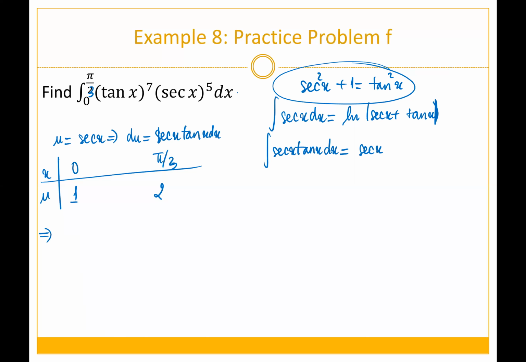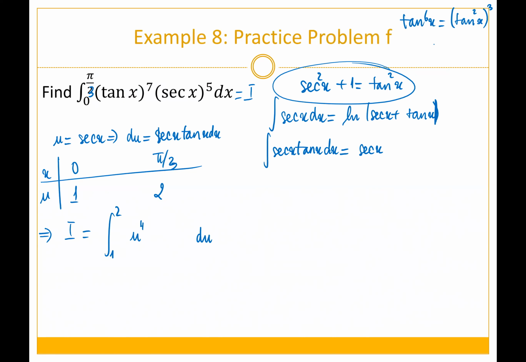So the integral I is now the integral from 1 to 2. We take one secant and one tangent out, so that's du. What we have left is secant to the 4th and tangent to the 6th. Secant to the 4th is going to be u^4. Tangent to the 6th, you can write as tangent squared of x, to the cube.